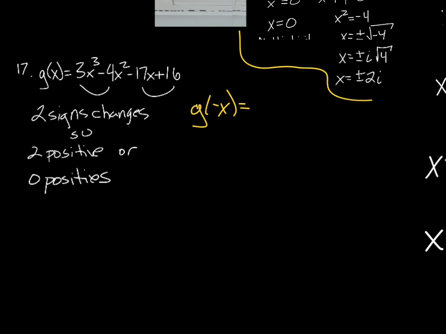So we're plugging in negative x. So all the even exponents stay the same. All the odd exponents change. So then it would be negative 3x cubed minus 4x squared plus 17x plus 16.